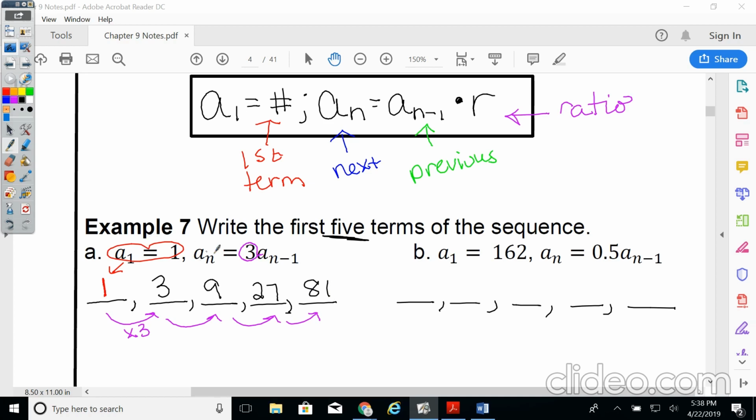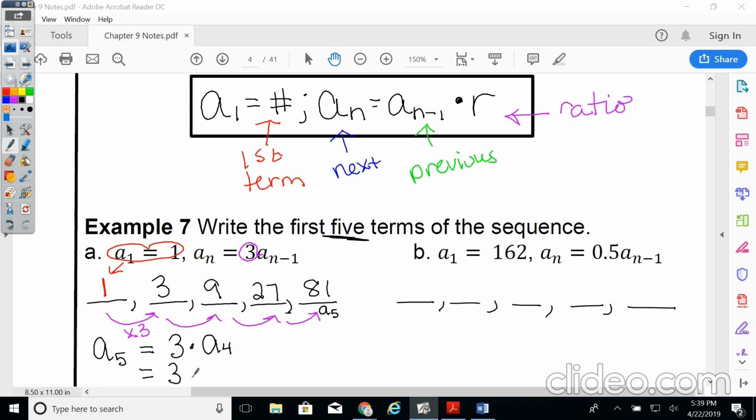Let's prove it with this formula. The formula actually flips the ratio and the previous term around, but it doesn't matter because when multiplying, you can switch them around. To prove a sub 5, we'll use this formula: 3 times the previous term, a sub 4.